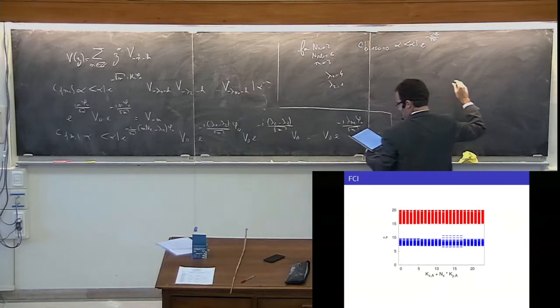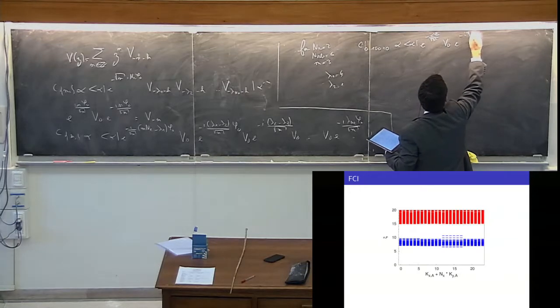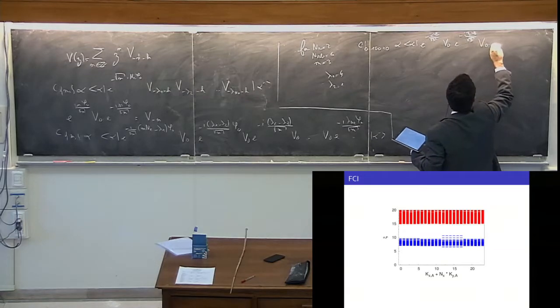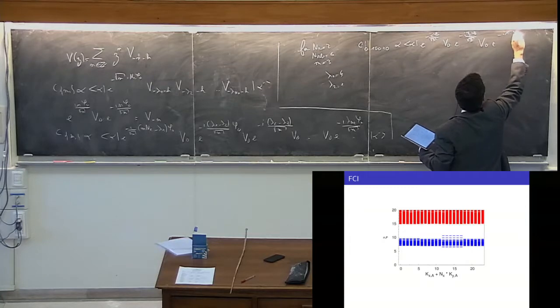So you just plug all these numbers into this formula here. Square root of 3, V0, exponential of minus I3, phi 0, square root of 3, V0, exponential of I1, phi 0, the square root of 3, alpha prime.